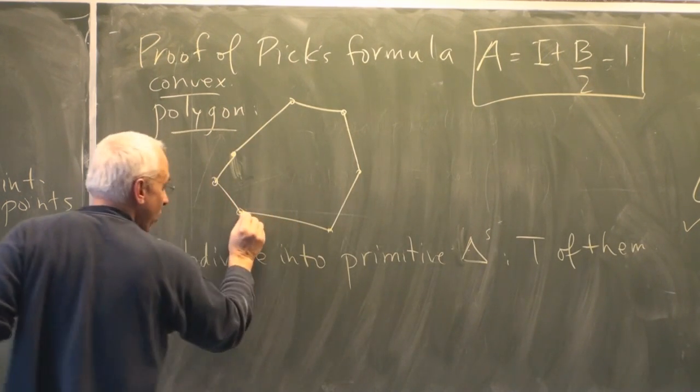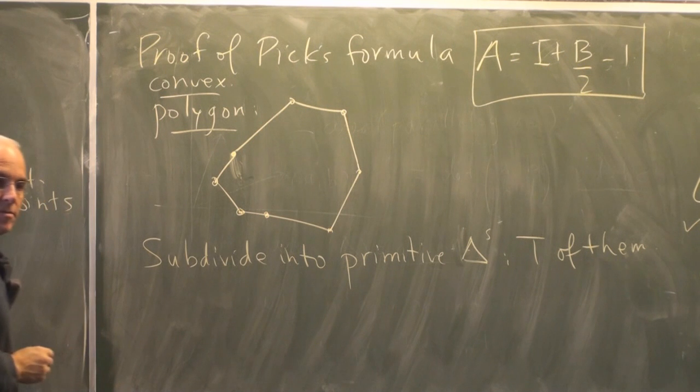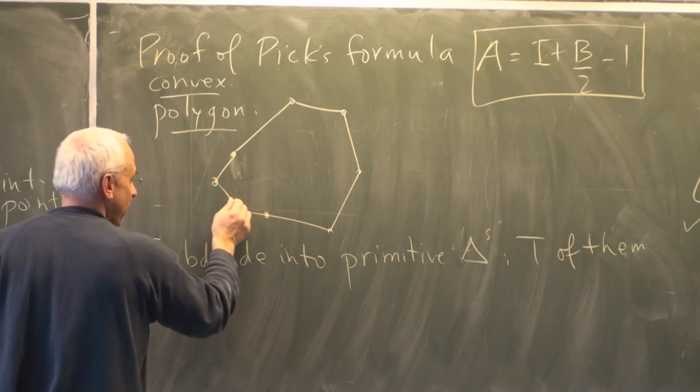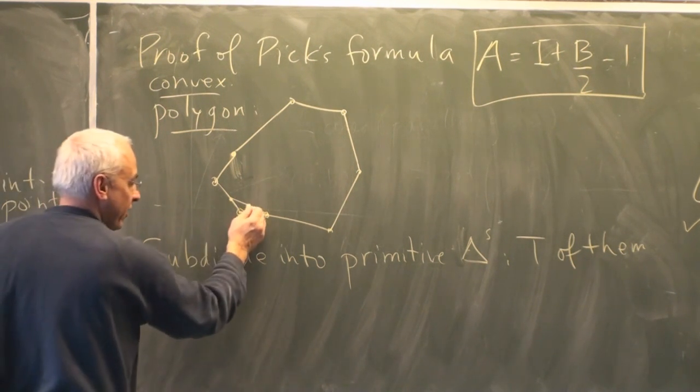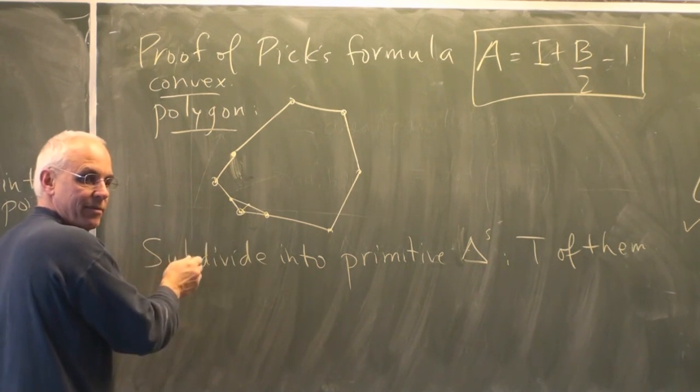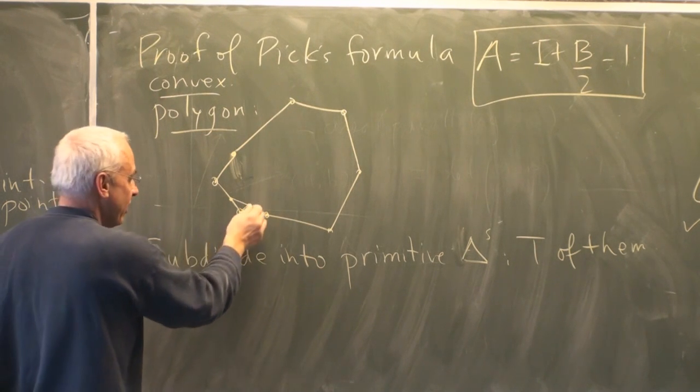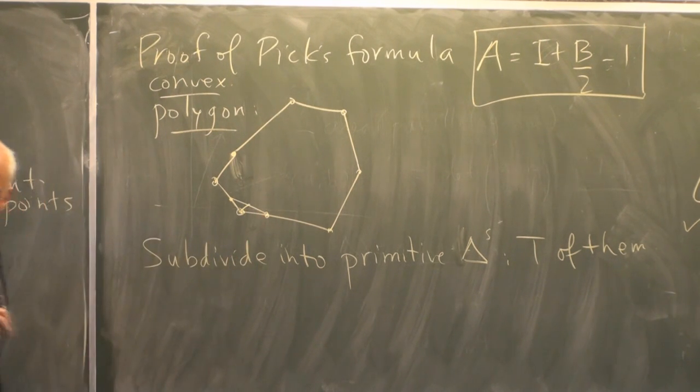Whenever we go along here, we find a point on the boundary, there's a primitive triangle. If there's something else inside there, then we have to keep subdividing, using the integer points only, until we can't subdivide anything further. So we have T primitive triangles.